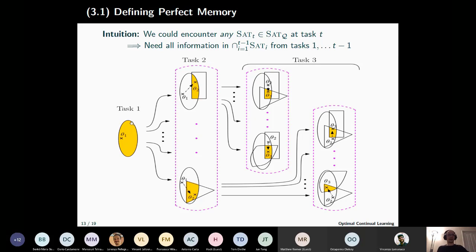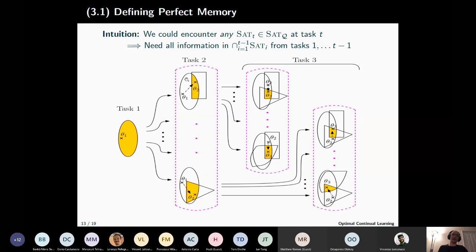So since you can follow my cursor, let me try to explain this. Let's assume we only remember θ1 and we remember some ball around θ1, like this ball. Then as we move forward to the second task, we may still find an intersection if we encounter this triangle task as the second task.